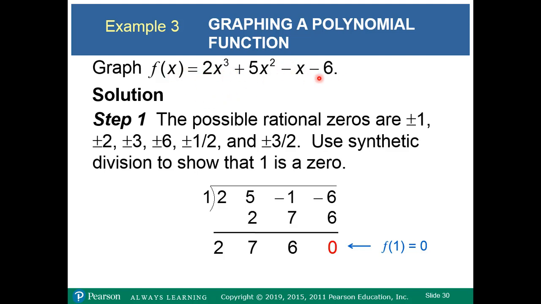If that sum is 0, then negative 1 is a 0. So in this case, you would have negative 2 plus 5, which would be 3, and then plus 1, which would give you a 4, and then minus 6, which does not give you 0. So we know that negative 1 is not a 0 of this polynomial.